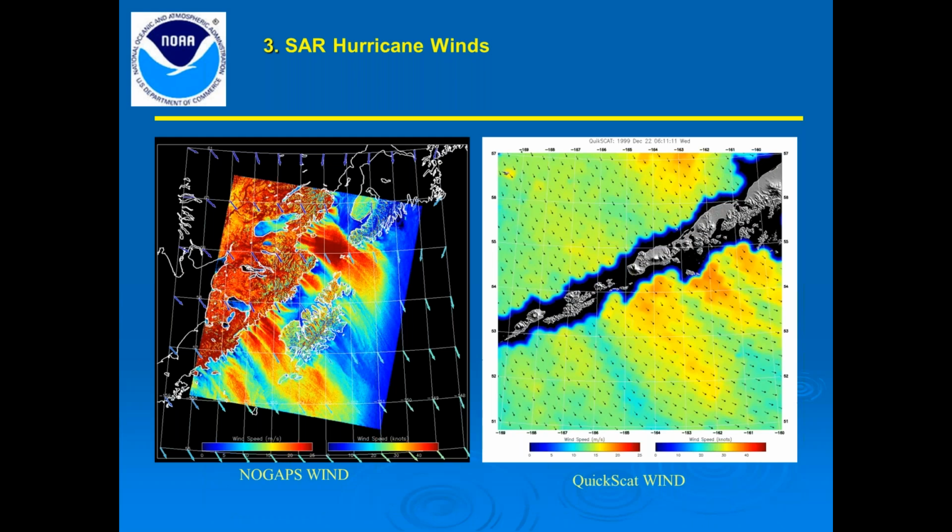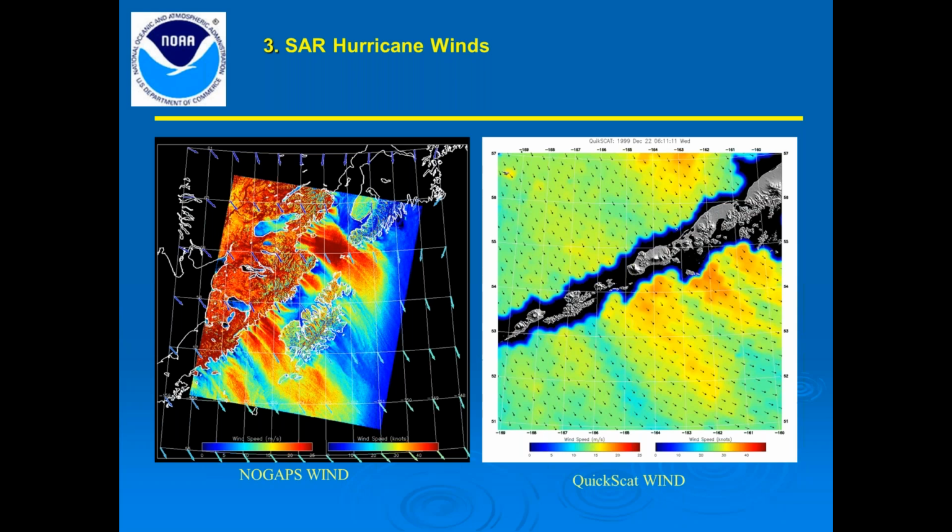So this is a comparison. On the left-hand side is the SAR wind imagery, continuously produced at NESDIS STAR in near real time. On the right-hand side is the corresponding scatterometer wind. You can see synthetic aperture radar can measure winds right up to the coast because the footprint of the radar is very, very small.